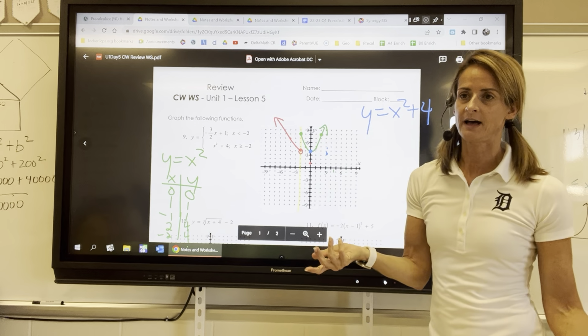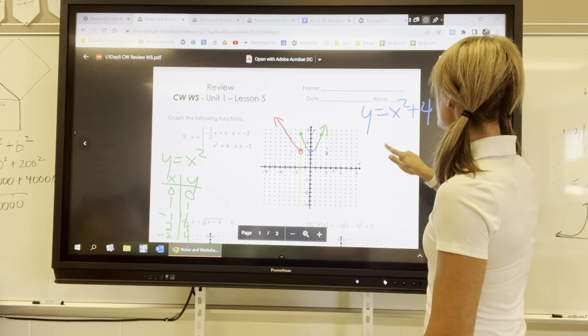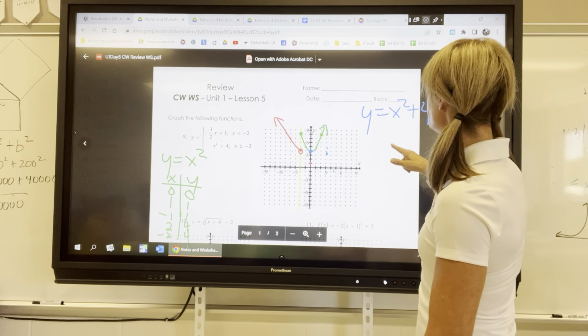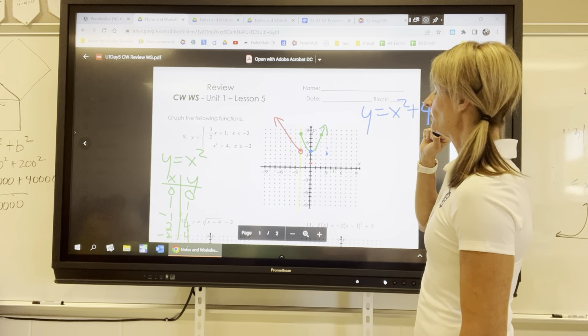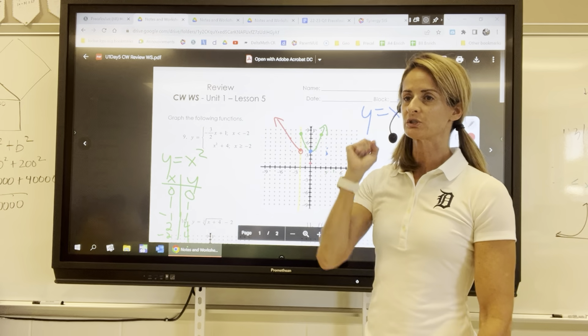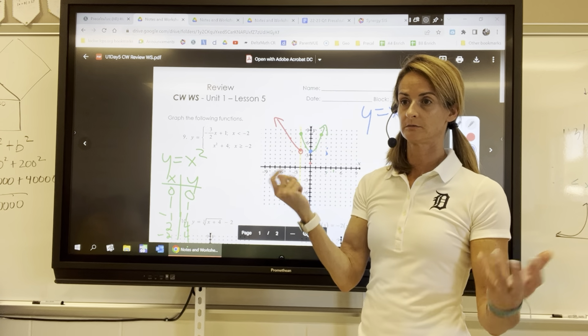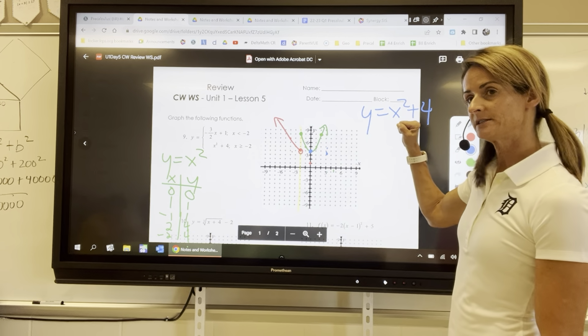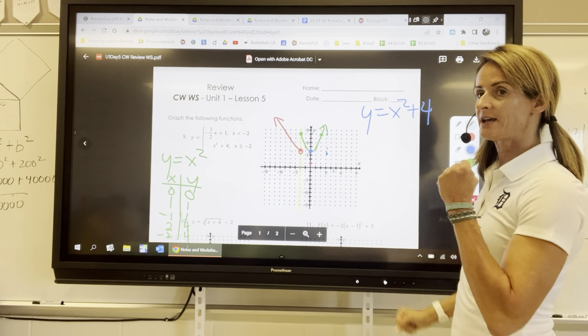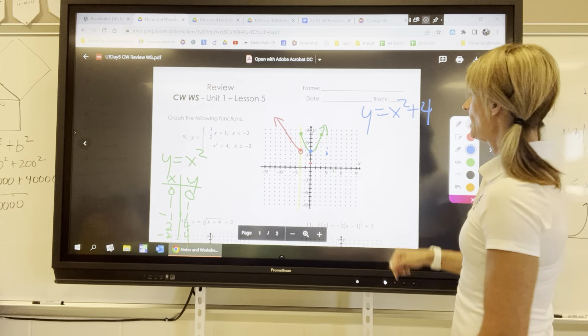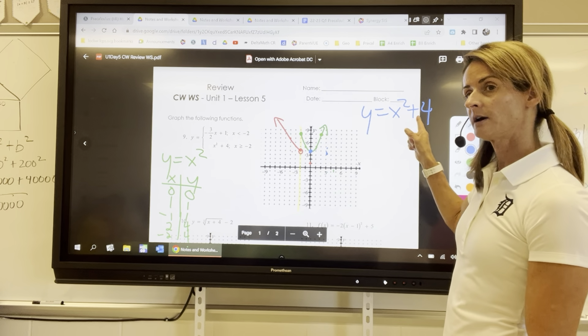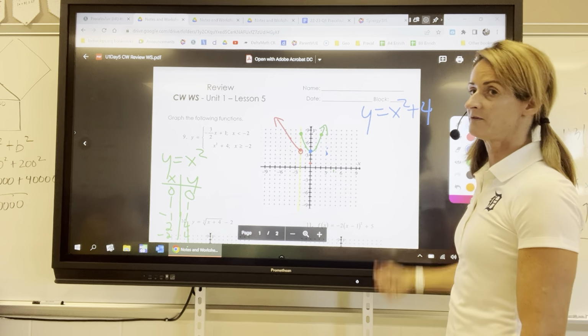We're really going to do this in class today, but what this means is, for example, let's say I put a 0 in for x. In the parent function, you just square the 0, and that's just 0. Here, you have the 0, and then you're adding 4 to it. So you're taking that value and moving it up 4, from 0 to 4. If I plugged in a 1, it'd be 1 squared, it'd be 1, and then plus 4 would be 5.